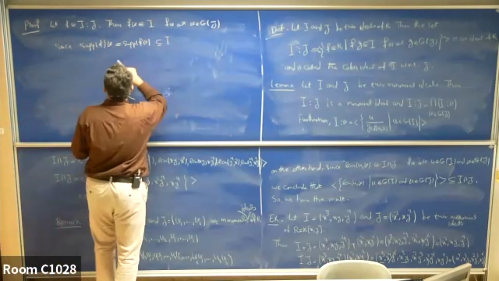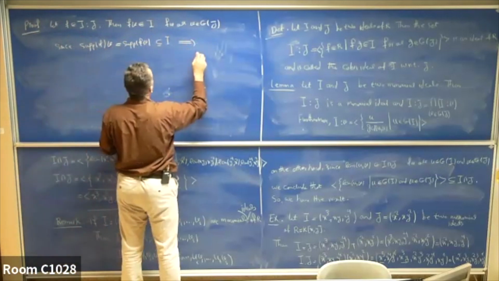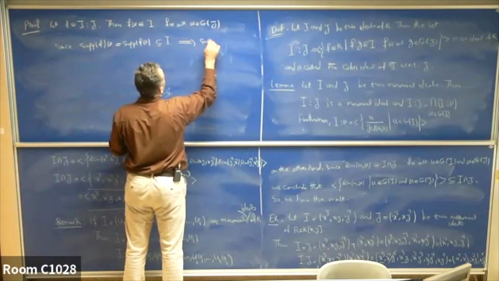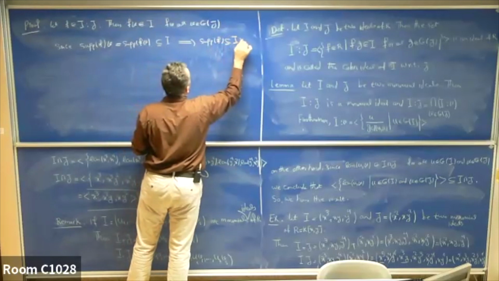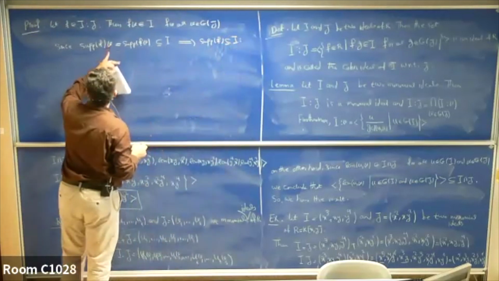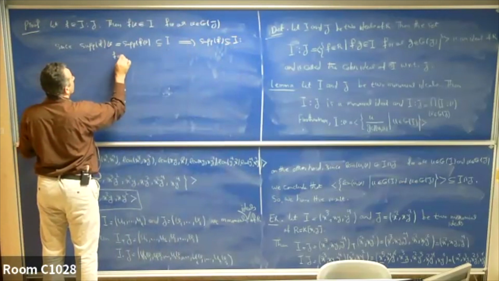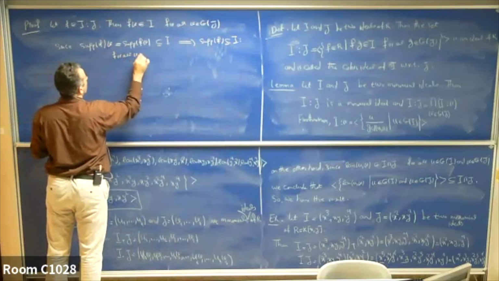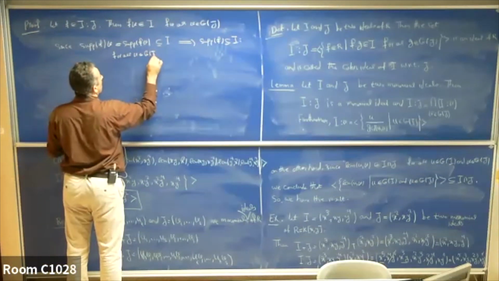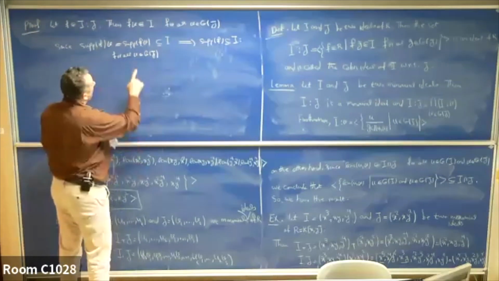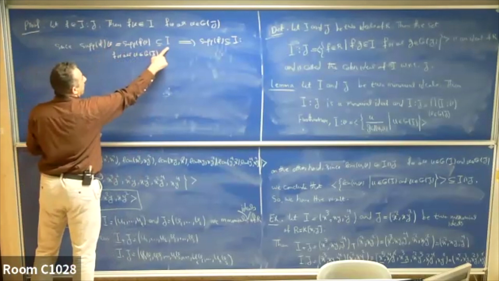Then from here we have support of f contained in I : v for all v in G(J). So for all v in here, support of f is in here for all v.